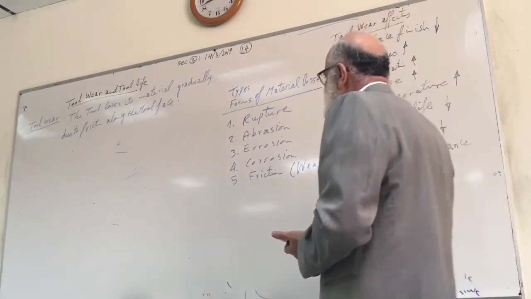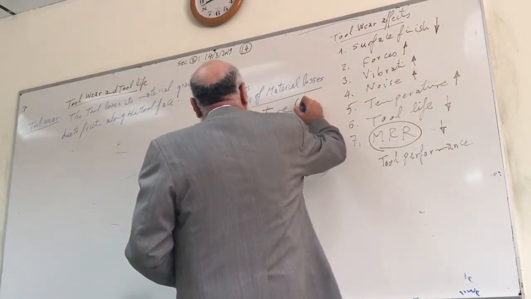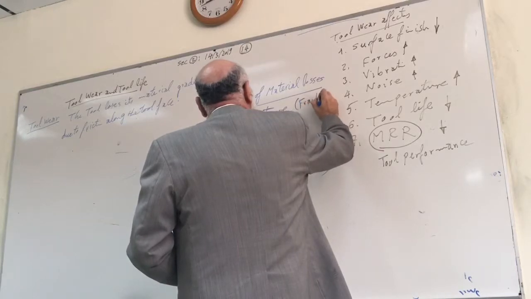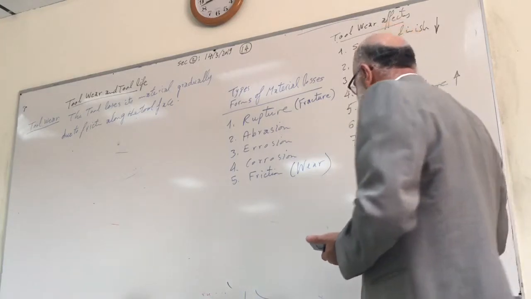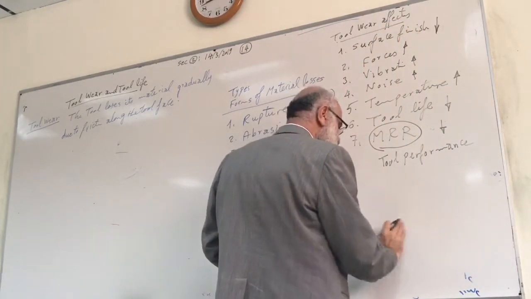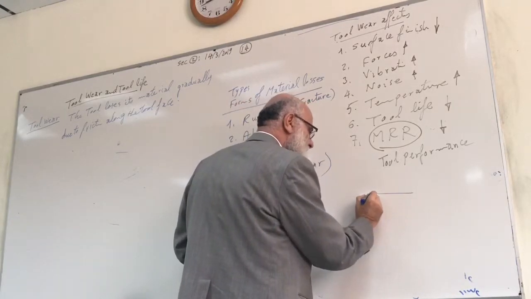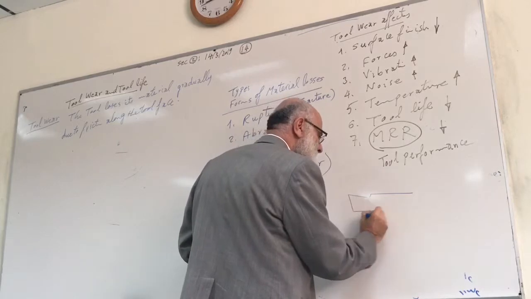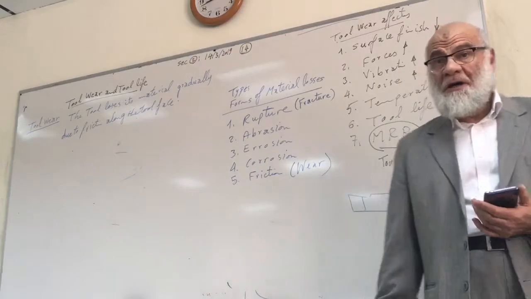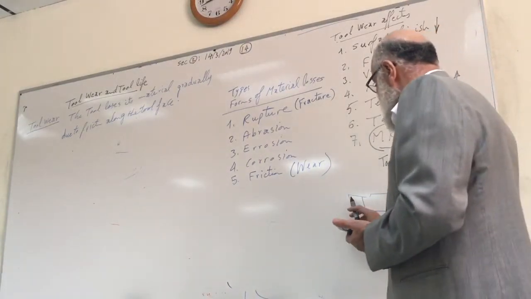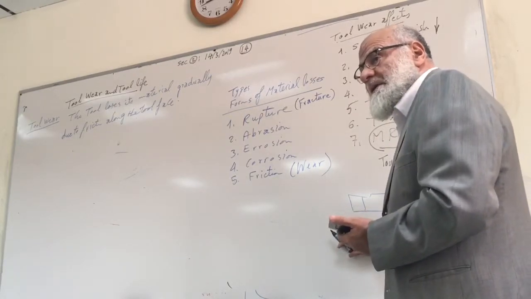Number one, rupture, the mechanical rupture, or you can say fracture. You know that the tool has a sharp edge, as we mentioned before. The tool face and tool flank are intersecting at a point.